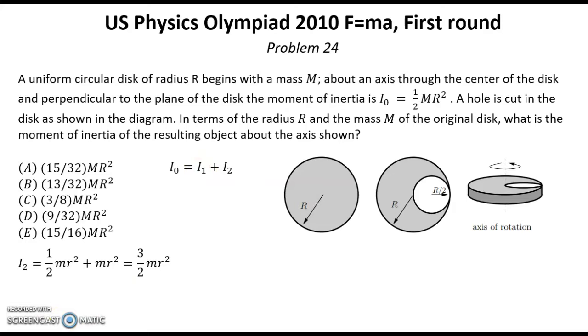Using the parallel axis theorem, we can find that I2 equals 1/2 mr² plus mr², where small m is the mass of the small disk and small r is the radius of this small disk.